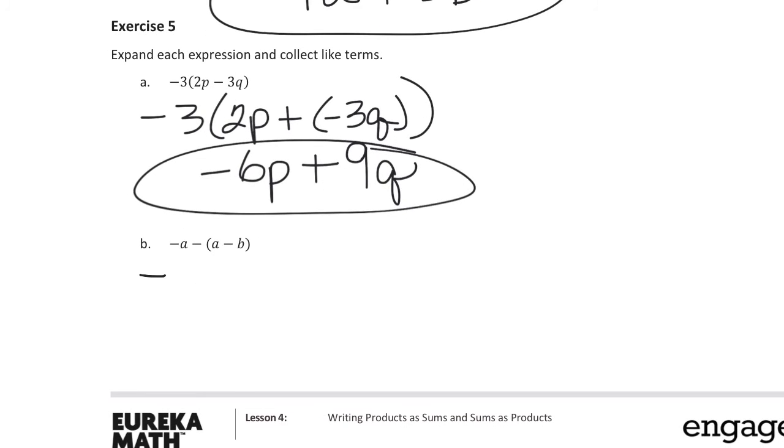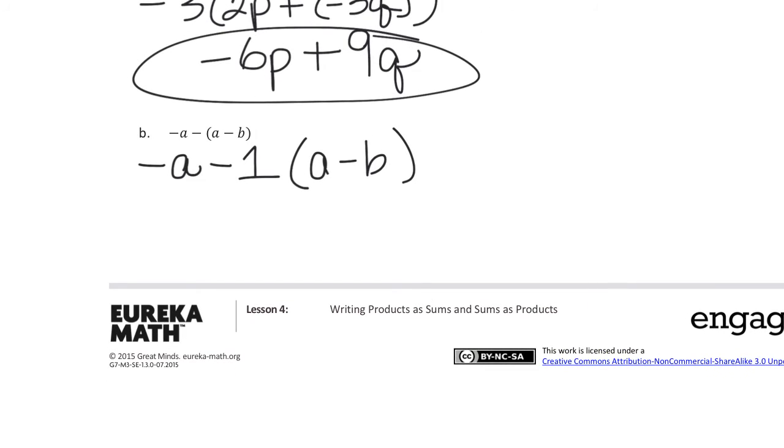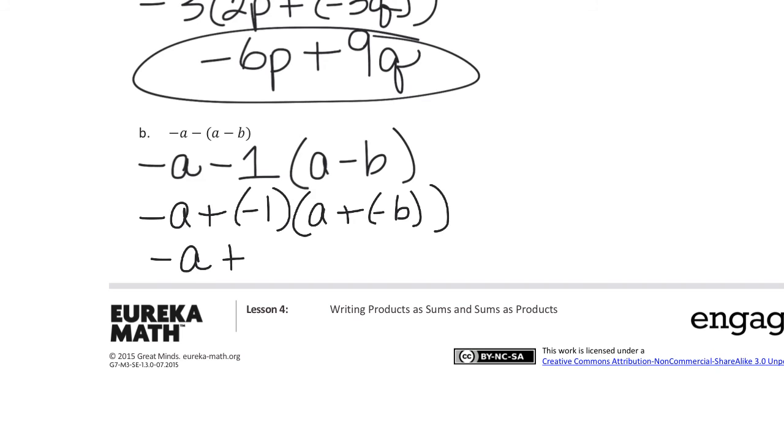On the next one, negative a minus, remember that's that 1 there, a minus b. So I'm going to rewrite my subtraction as addition. Negative a plus a negative 1 times a plus negative b. So I multiply through with the negative 1. And if this helps, put that 1 there.